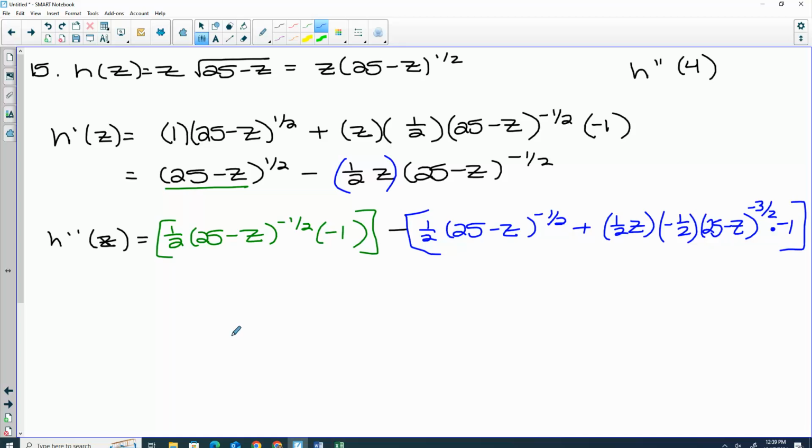Is that times negative 1? Mm-hmm. Where did I get the negative 1/2? Exponent. Oh, yeah, okay. Oh, never mind, I just did it. Is that plus? So the 1/2 came up in front on the first, but where did the first part of the product rule go?